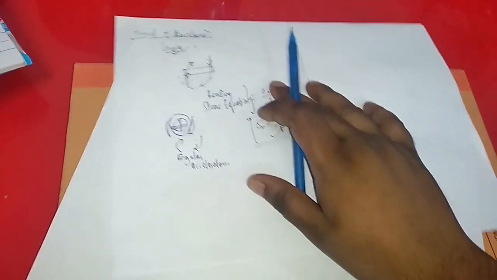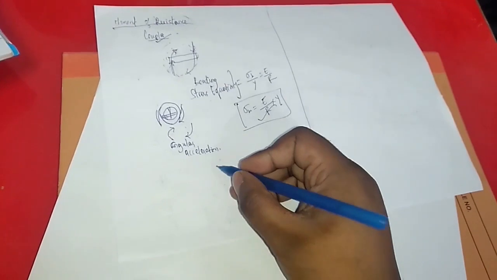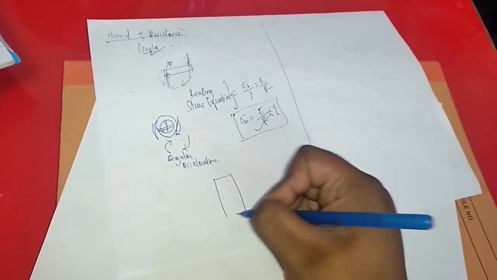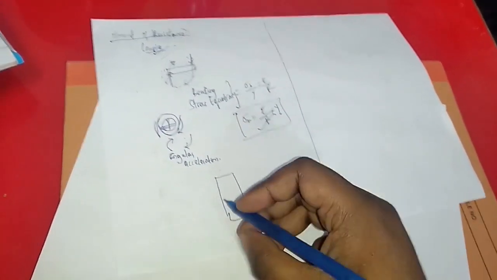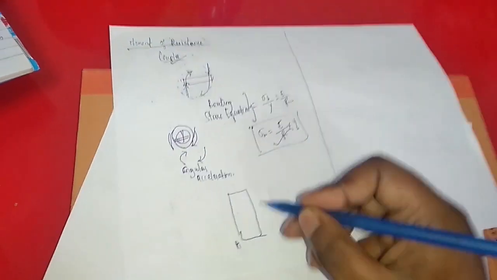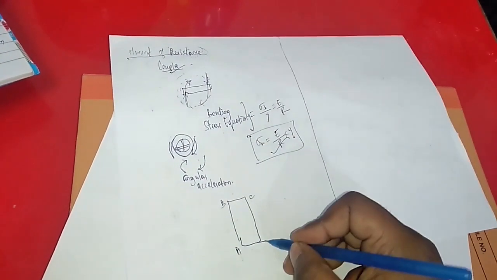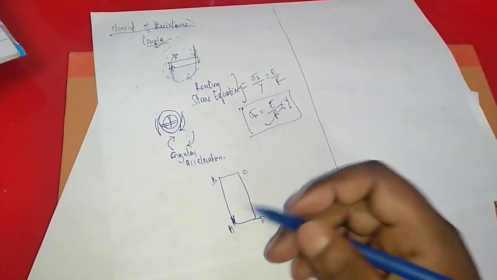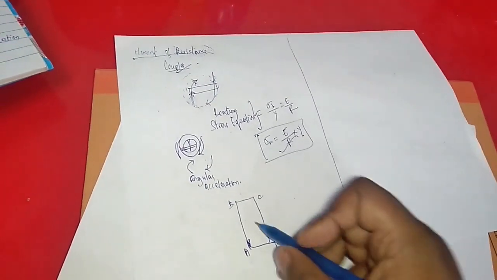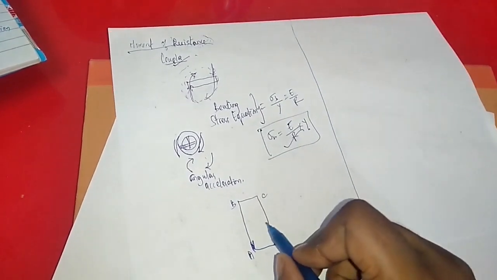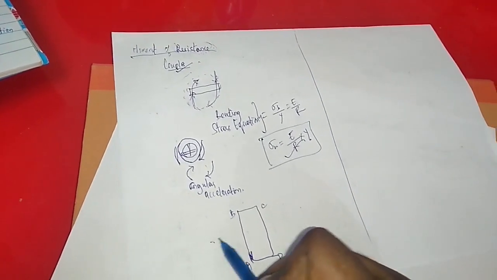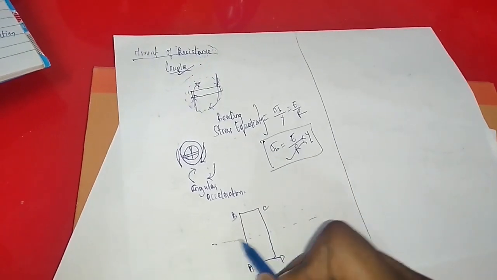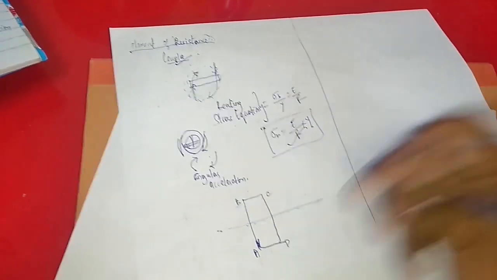Okay, so for example, I'm going to take a beam. So I'm going to name it as A, B, C and D. I'm taking a beam. Okay, so what is a beam? Means where the neutral axis will be there, it will be in the center of gravity of the beam. So neutral axis. So I have already explained you, right?